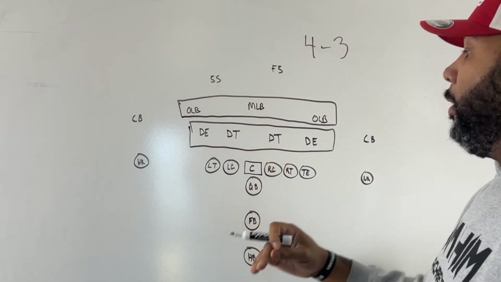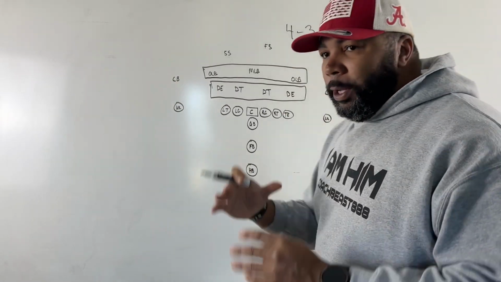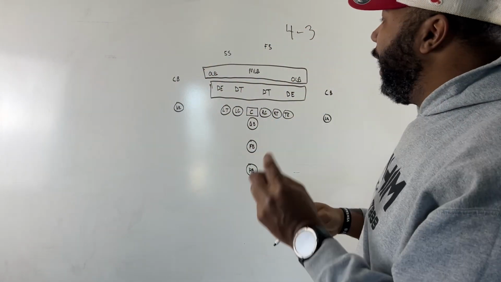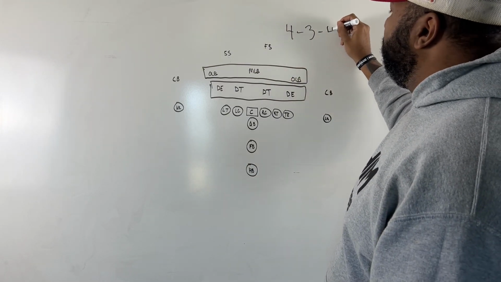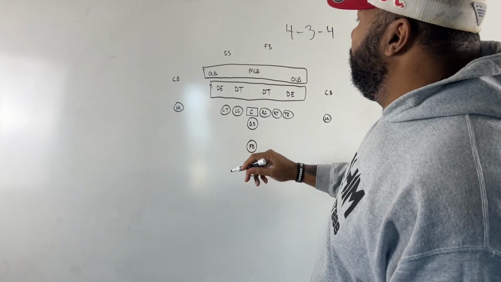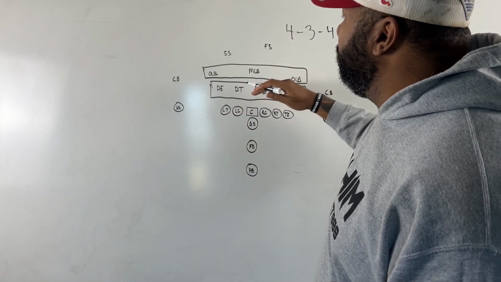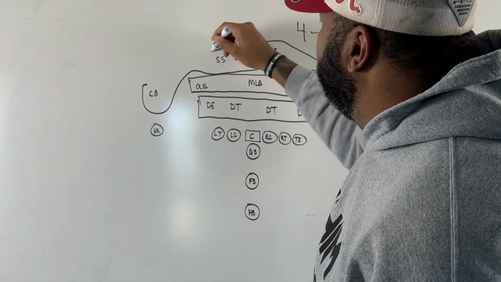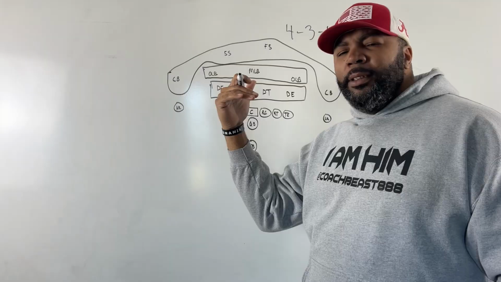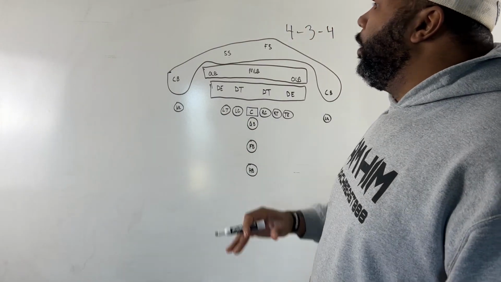Makes sense? Or if you want to get really complex and sophisticated, you can call it a 4-3-4. A 4-3-4 is just 4 defensive linemen, 3 linebackers, and then 4 defensive backs. Make sense? Good.